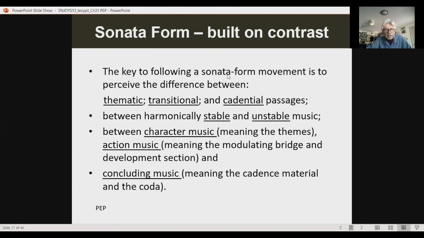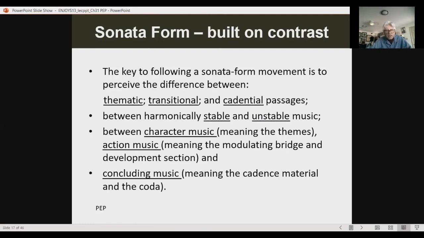And then so again, the contrast between harmonically stable music and unstable music. And between character music, meaning the themes, right? Theme 1 and theme 2, like 2 different characters. And then action music, right? Between theme 1 and theme 2, there's this activity that is moving someplace.